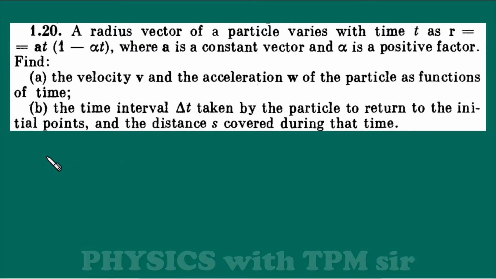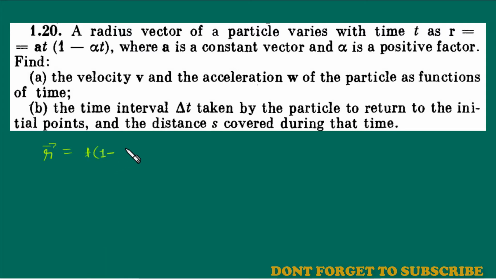So they have given that the particle is moving such that its radius vector is given by t(1 − α t) times a, and this is a vector. We have this habit with a vector, so you may get confused. Actually, suppose this is a coordinate axis system, the traditional coordinate system which we use, and suppose the particle is at this position.